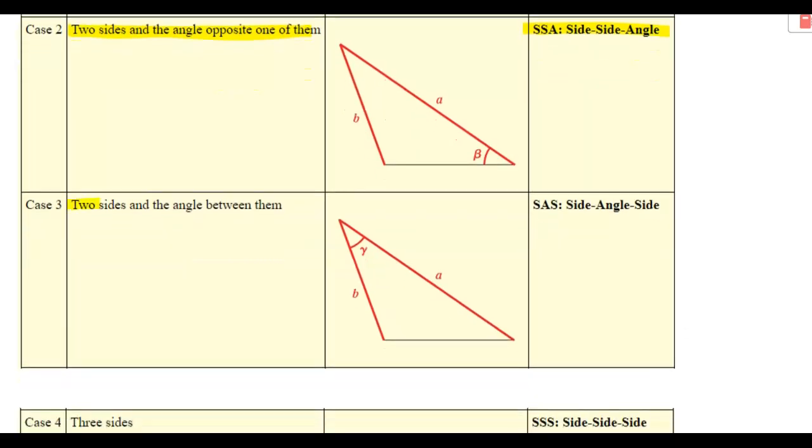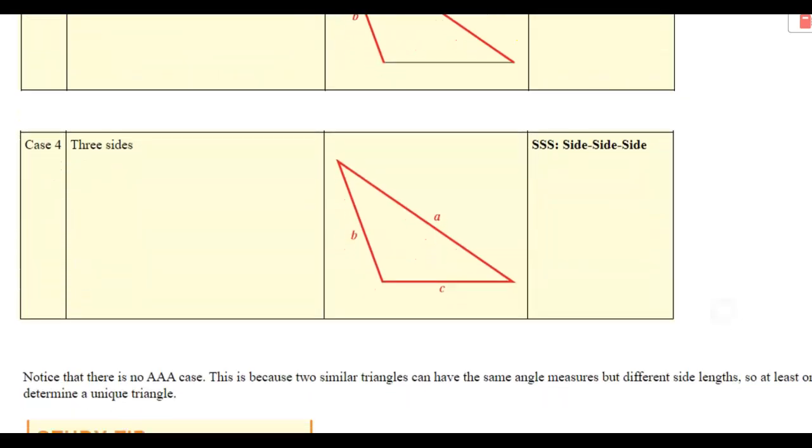One that you did see in geometry is two sides and the angle between them. We saw this as side angle side. Notice the angle here is sandwiched in between the two sides that we know. And then we also have case 4 where we have three sides, meaning that we know all three sides of the triangle.